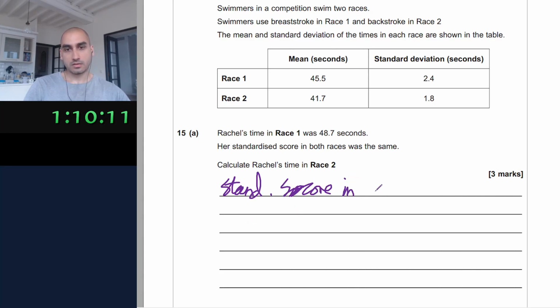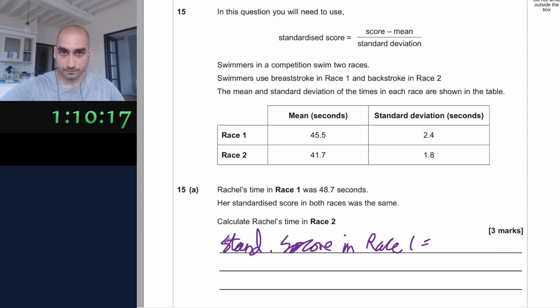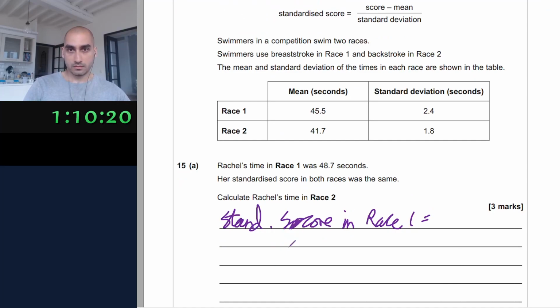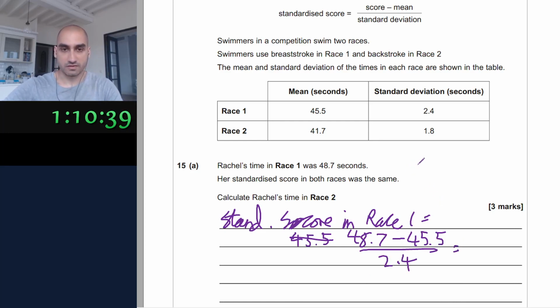Score in race 1 equals, okay, 48.7 minus 45.5 divided by 2.4 equals... 48.7 minus 45.5. One and a third, exactly.